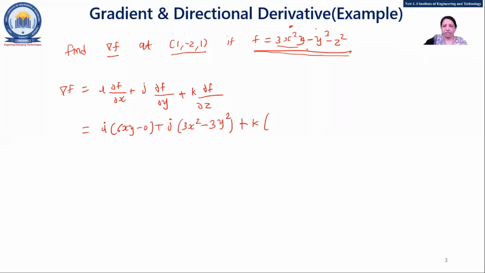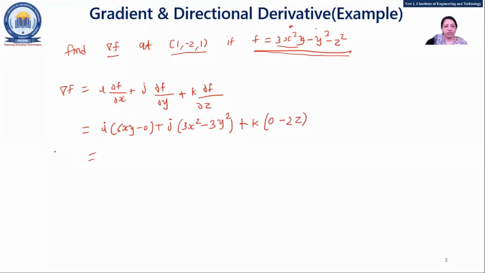These two terms are not supposed to be counted, so it is 0 minus z square, and for z square it is 2z, so minus 2z. Fine. Now this is my equation, right?